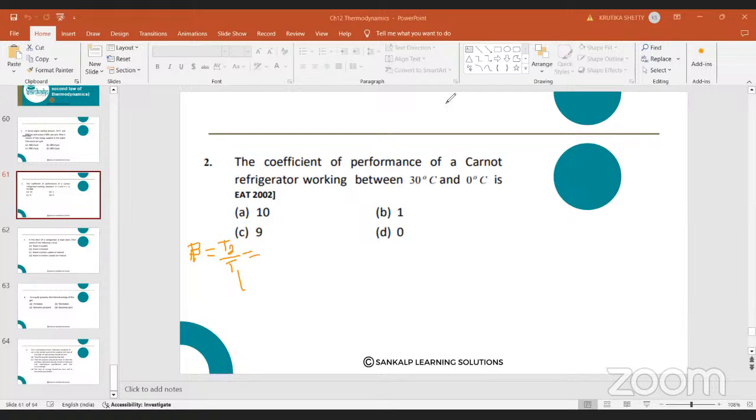Yes, how much are you getting? Option C is the correct answer here, students.